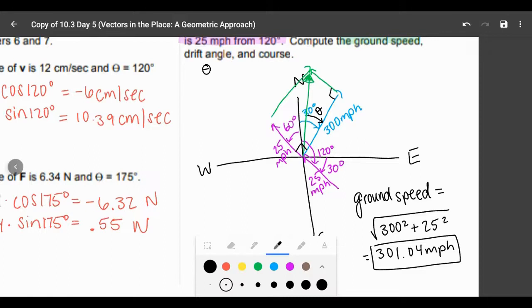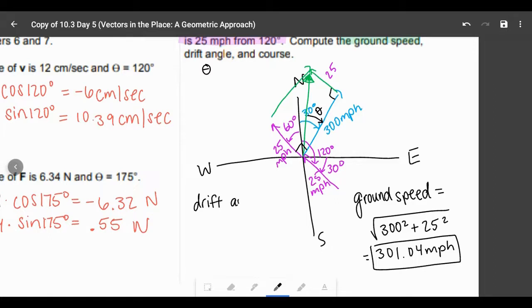Remember that up here, this vector should also be 25 miles per hour. So we can set up that my drift angle is going to be the tangent of theta is equal to 25 over 300. And when I take the arc tangent of that, we end up getting that it is 4.76 degrees.